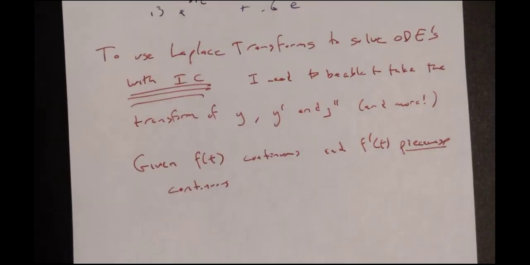Now, something interesting, a continuous function could have a derivative that is discontinuous, right? Like the absolute value of x. The absolute value of x has a discontinuity in its derivative at 0 because of the corner. But that's still piecewise continuous. It's continuous everywhere to the right of 0 and everywhere to the left of 0, just not at 0 itself.